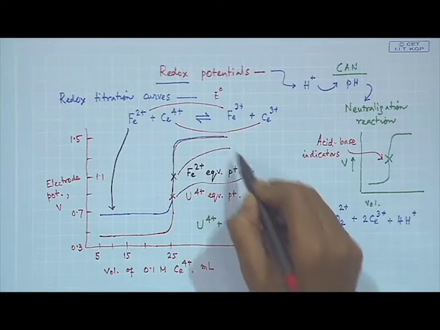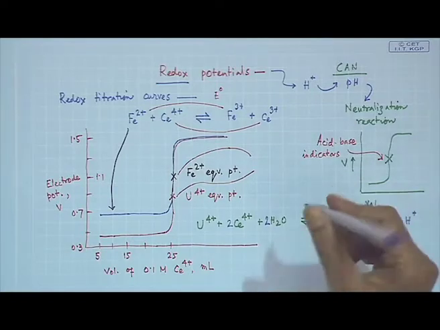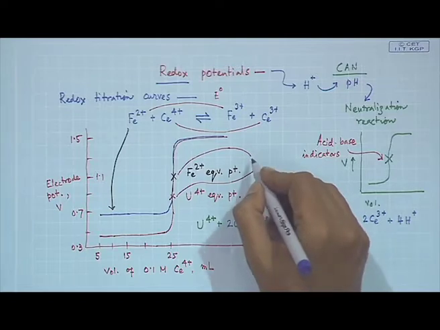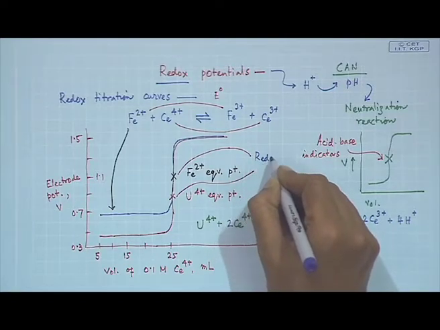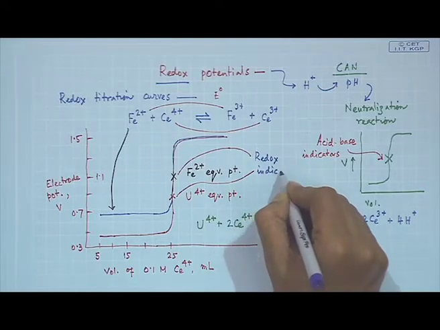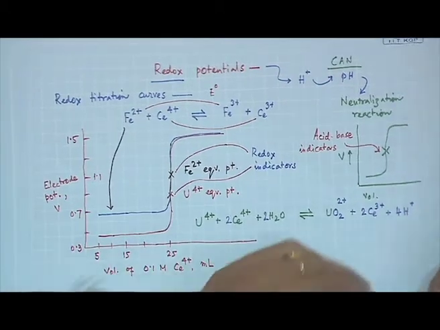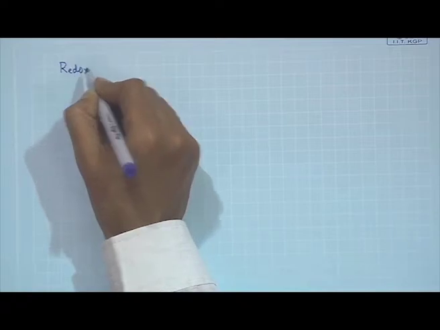These we can also detect with indicators. In this particular case we have the corresponding indicators known as redox indicators. So, redox indicators will be utilized in a similar way. Your cell, your electrode and your corresponding reactions can give rise to this particular type of reaction, where we can have the redox indicators.